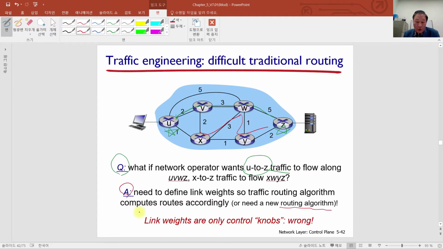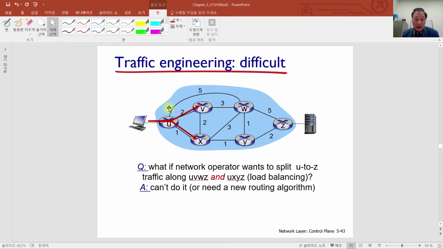For the traditional router, the schemes are based on link weights, and that was the only unique control knob. That was not good. Also, this is another requirement, and that is not possible with the traditional router.